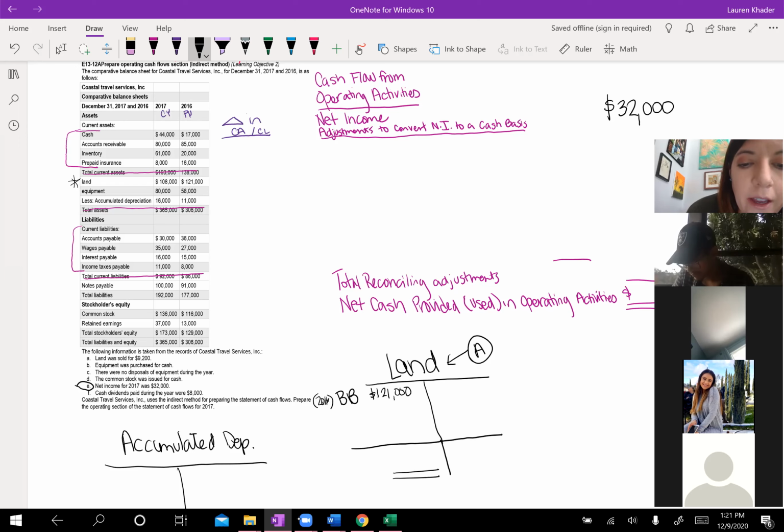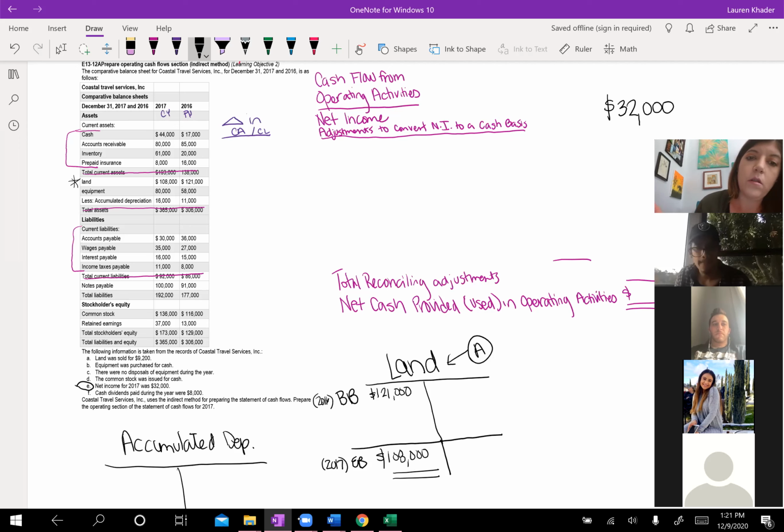The ending balance for land from 2017 was $108,000. And if we look down below, there is no mention of land except for the fact that there was land that was sold during the period. So they sold $9,200 worth of land.